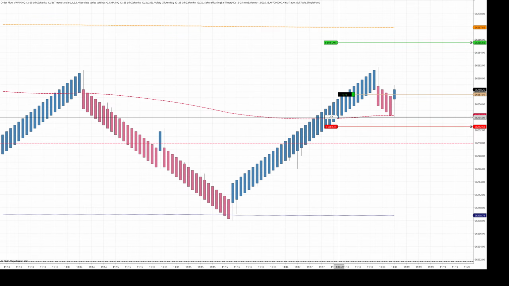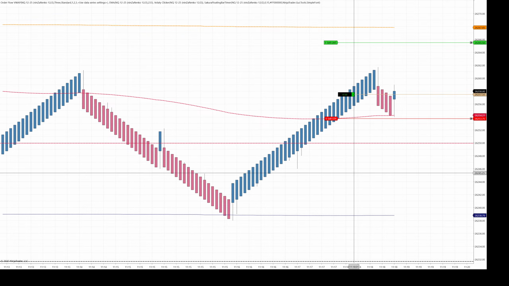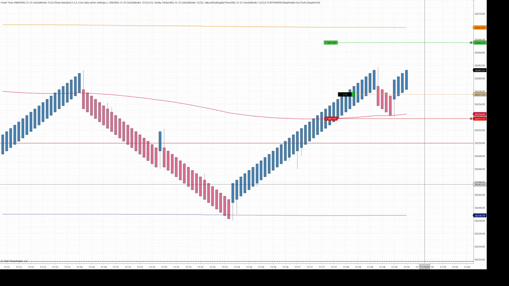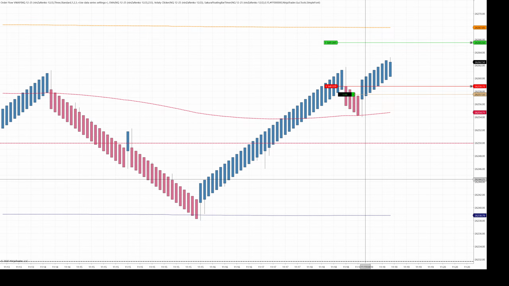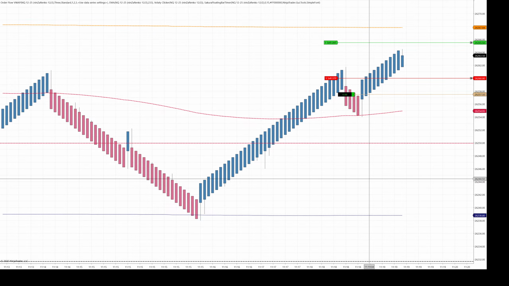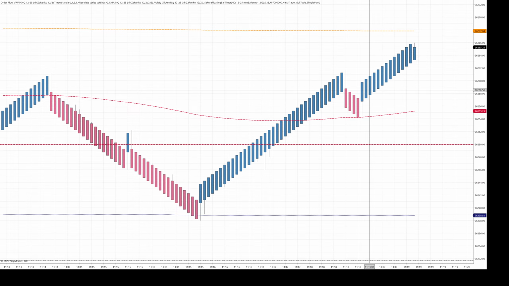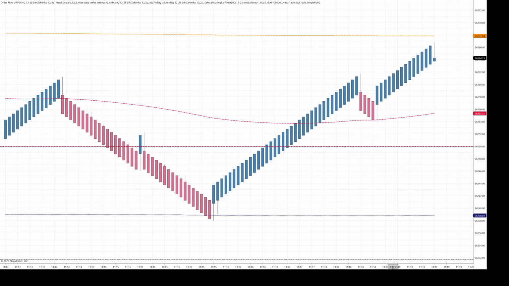Okay, we're going up now. All right, that one worked. That was nice. Very clean. Now we're going to look for the opposite direction.